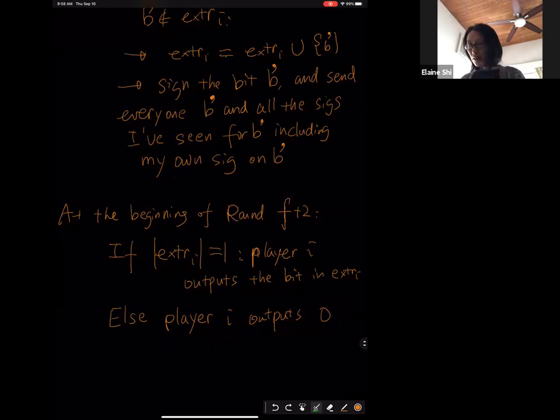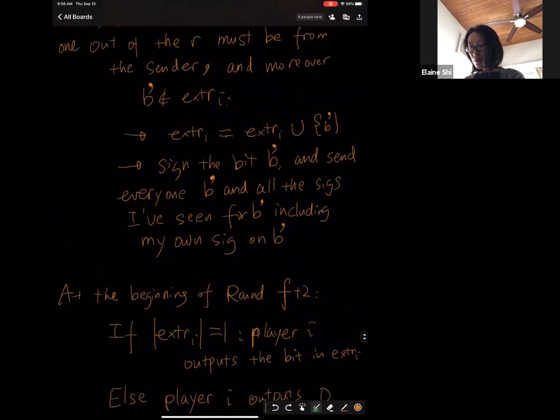Okay, so if no questions, the first thing we want to think about, actually before that, what I want to mention is, it helps to think about what will actually be the behavior of the protocol if the sender is honest, right?